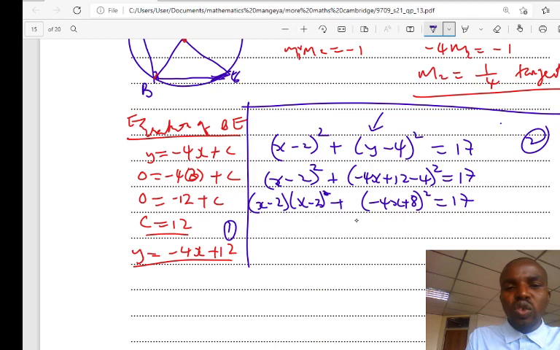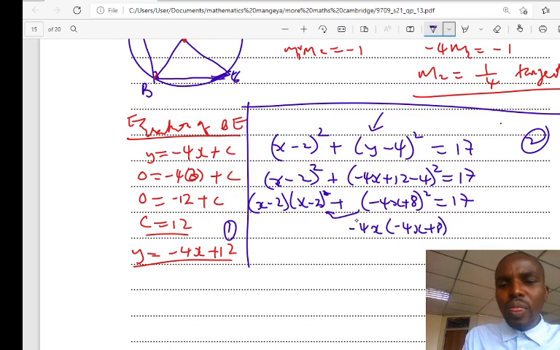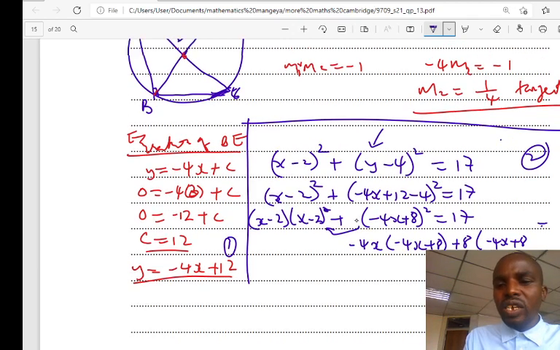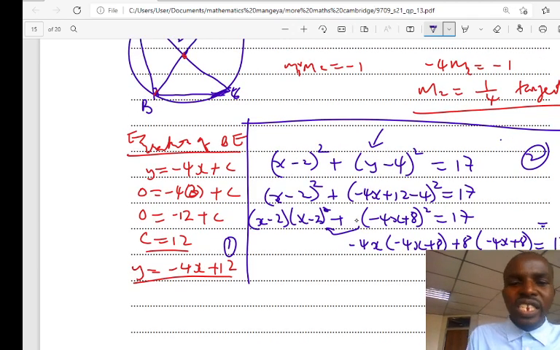Then this one will also be the same as the expansion like this one. So you say here minus 4x, then it multiplies minus 4x plus 8. Then plus 8 will multiply the same, minus 4x plus 8, is equal to 17. Then removing brackets here, x squared minus 2x, then minus 2x plus 4 like this.